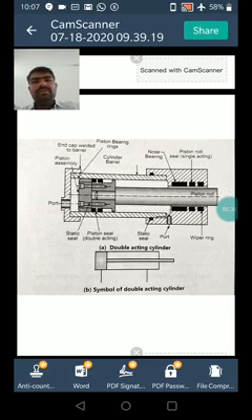The ram cylinder has a piston and piston rod of equal diameter. These are usually mounted vertically to enable retraction by the external load and gravity. Example, a lifting jack in an automobile service station.